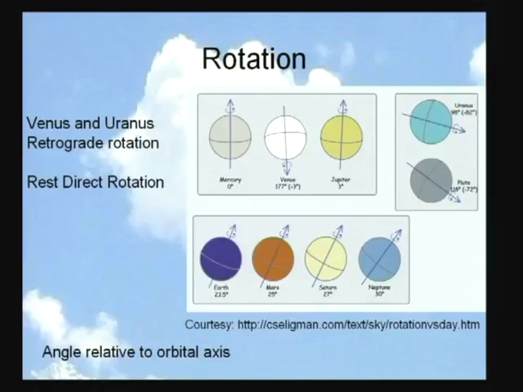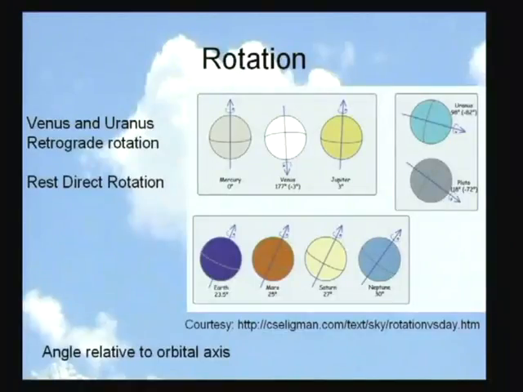So, the bottom line of this entire discussion is that most planets are doing prograde or direct rotation. The orbital motion and the rotation are roughly aligned. Two exceptions are Uranus, which is orthogonal, and Venus, which is directed in the opposite way.